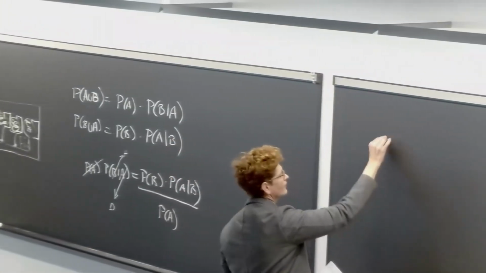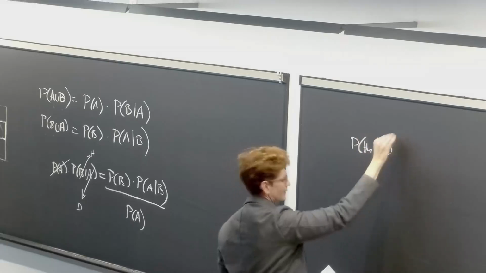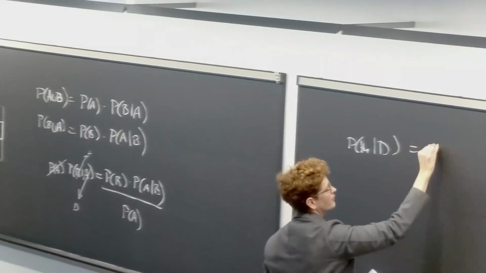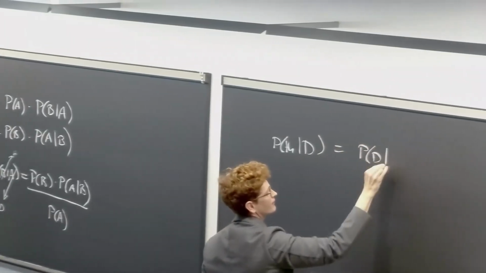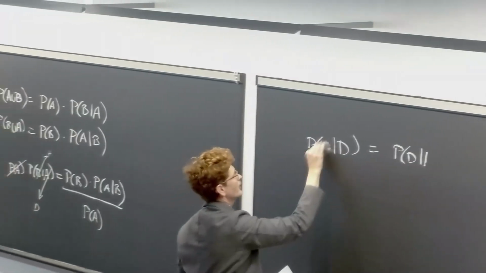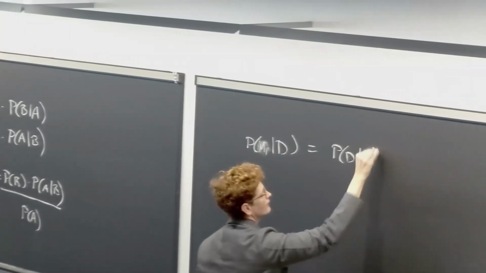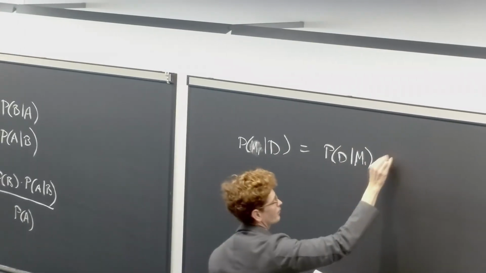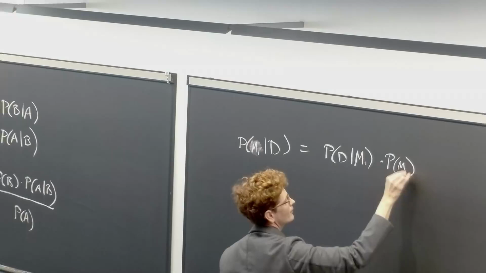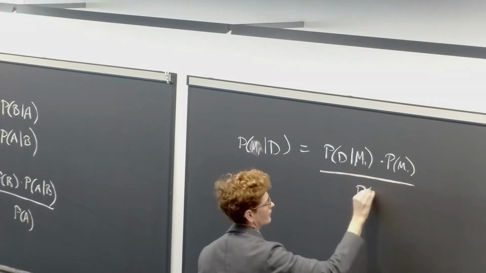So we can write something like this. The probability of hypothesis 1, given some data, is equal to the probability of the data given hypothesis 1. Or let's actually call this model 1, it's better. The probability of model 1 given the data equals the probability of the data given model 1, times the probability of the model, divided by the probability of the data.